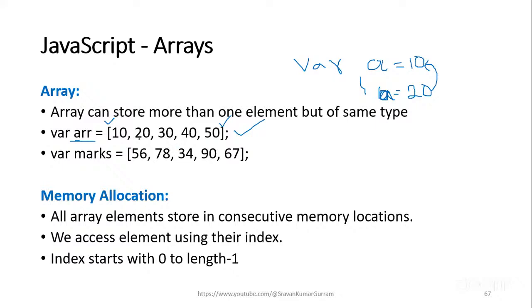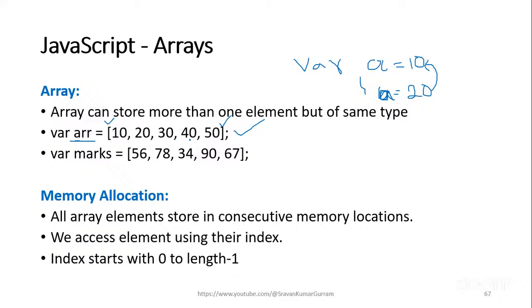But you cannot store a mixture of data types. Here I am using only integer values. You should not use float and int together. That is wrong. If you want to store float values, you must create a float array only. All the elements must belong to float.